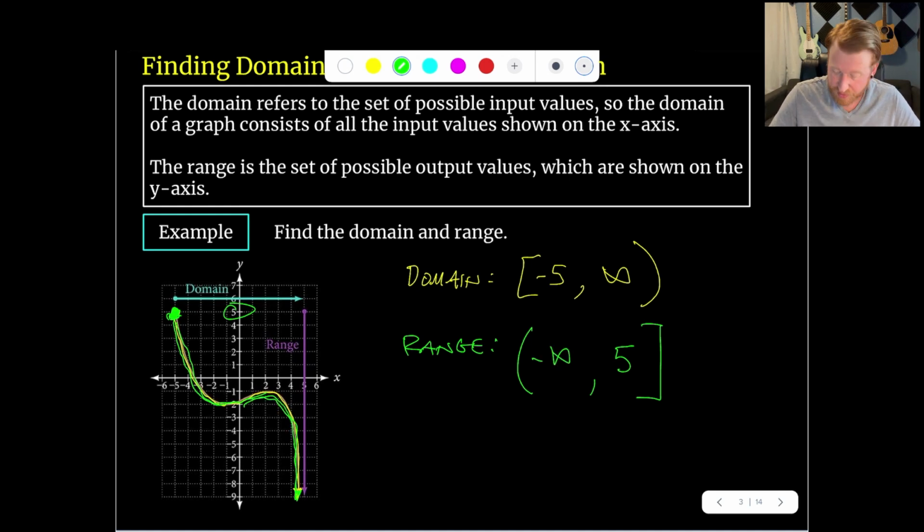So I'm writing it backwards to the way that I thought about it, but when we're writing in interval notation, we always need to put the smallest number first, because negative infinity isn't a number, but we need to start with the smallest values, even if we consider that negative infinity, and then the largest value goes in the second space here. So the range here is from negative infinity all the way up to positive 5. So we're just getting that from the graph here.